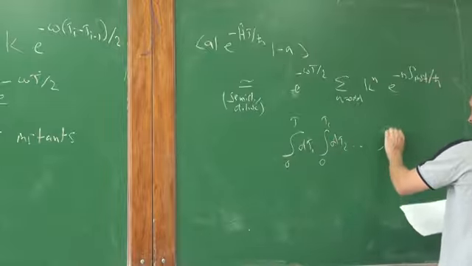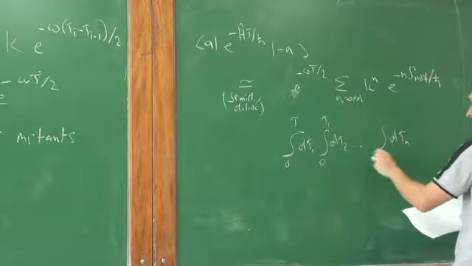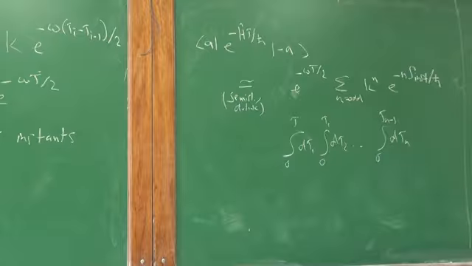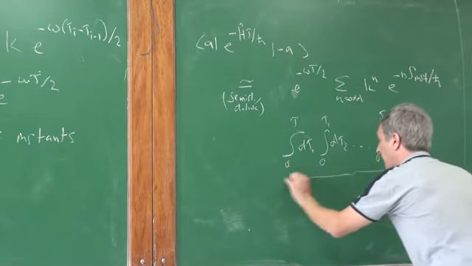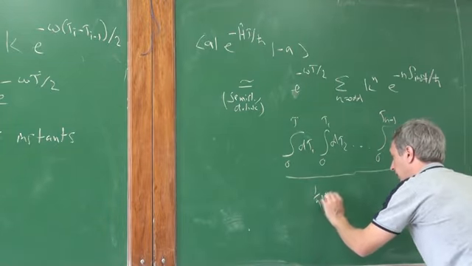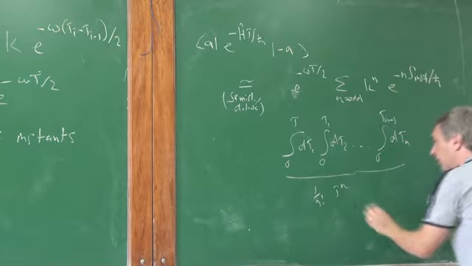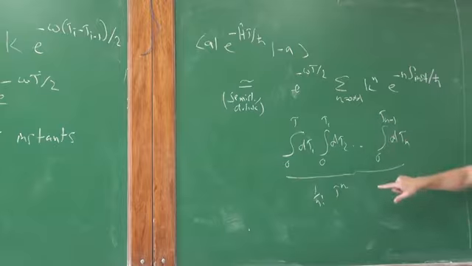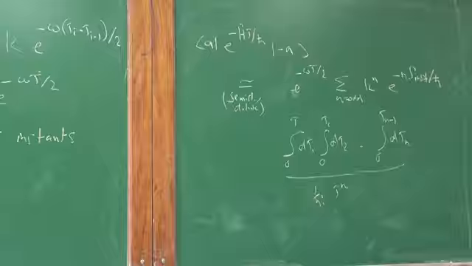So with these n instanton configurations, we can integrate over the n times when the instanton is going to happen. This will just give us a factor 1 over n factorial tau to the n. Because, given the ordering, you get a factor n factorial, and then you get the tau to the n.